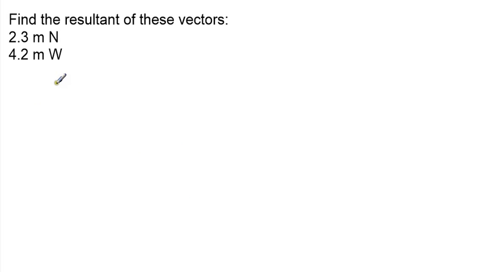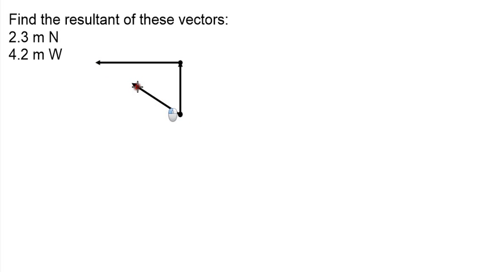Let's do a practice. So find the resultant of these vectors. So we're going to start easy. 2.3 meters north and then 4.2 meters west. So if we are working with these, we have 2.3 meters north, and then we have 4.2 meters west.